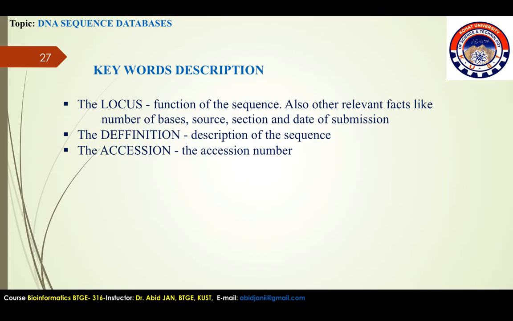The ACCESSION line gives the accession number, a unique constant code assigned to each entry. The NID line supplies a nucleotide identifier intended to provide a unique reference to the current version of the sequence information.